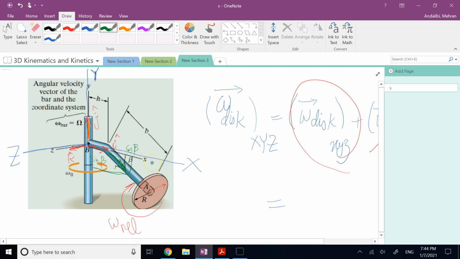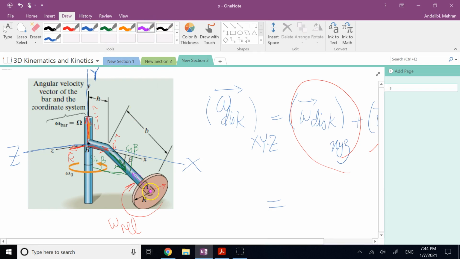And this omega relative, if you use the right-hand rule, you see that this omega relative is basically from A to this bend point, right? If you use your right hand. So you see that it is rotating about an axis that is actually in this direction, not in the green vector direction. It is backwards.